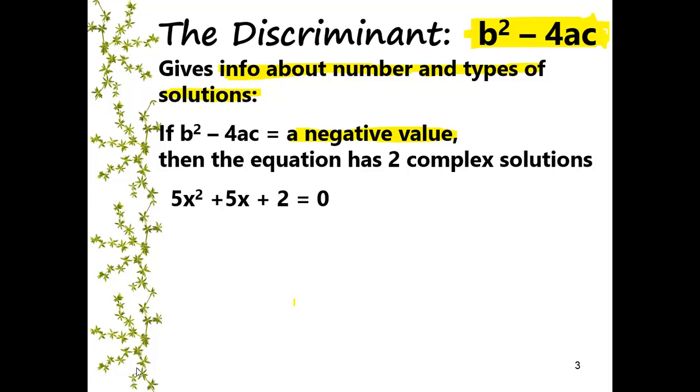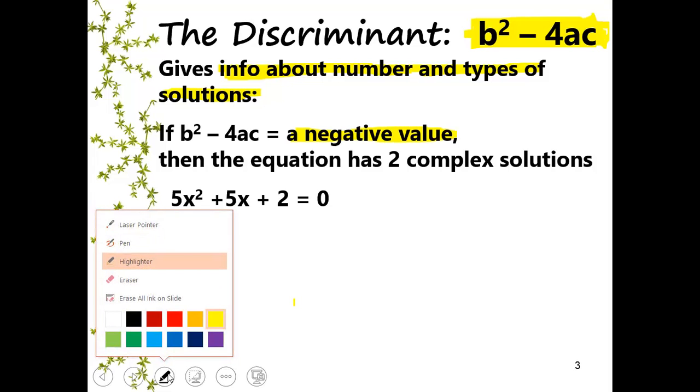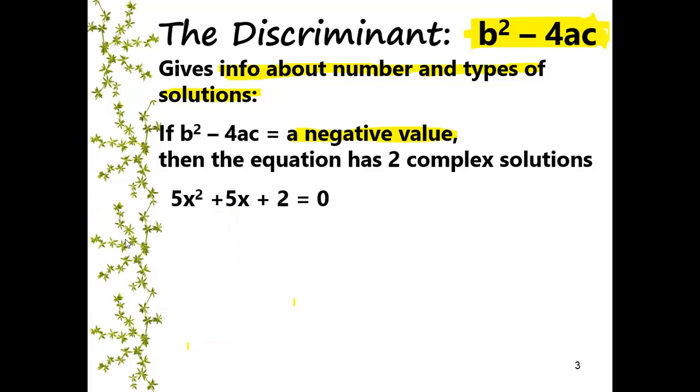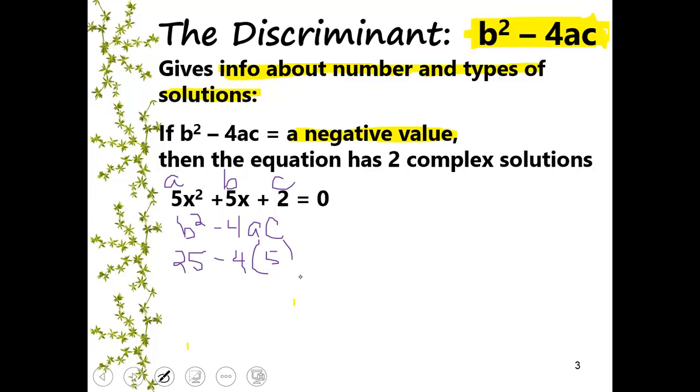So if we evaluate b squared minus 4ac, remember this is a, this is b, this is c, and we plug in, we get 25 minus 4 times 5 times 2. And that gives us 25 minus 40 equals negative 15.